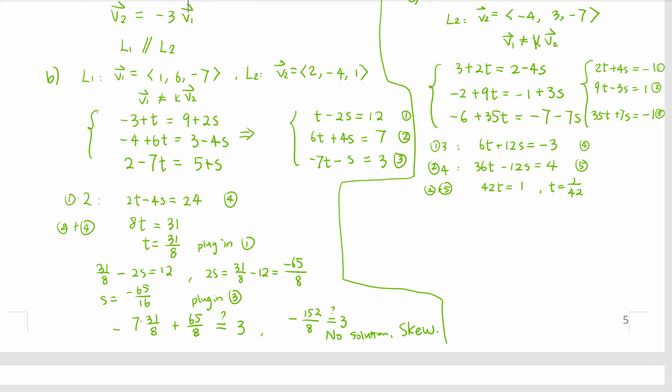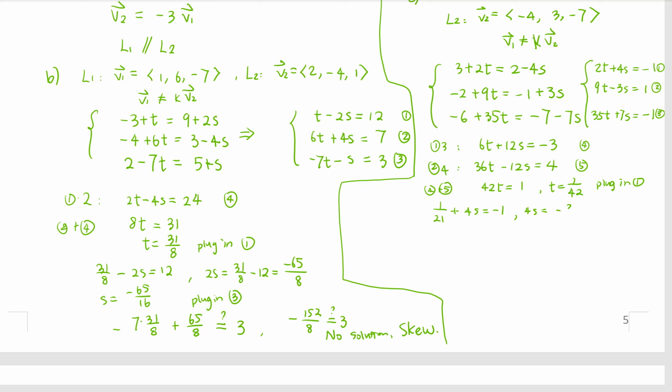Then we can plug into either equation 1 or equation 2. So let's plug into 1. Then we have 2 times t, so 1 over 21, plus 4s equals minus 1. 4s equals minus 1 minus 1 over 21.